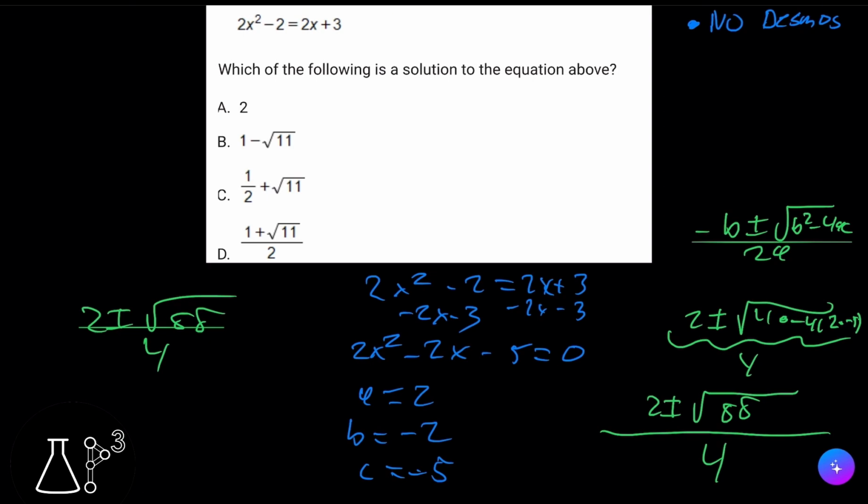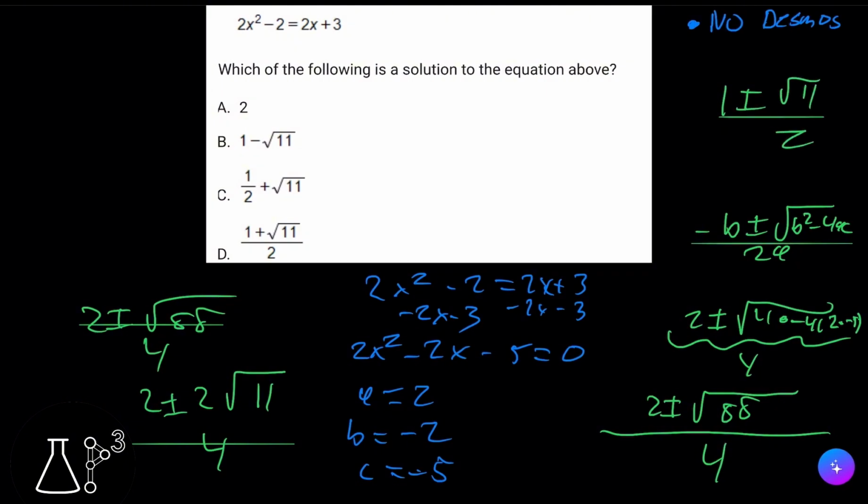So we can use 2. So I can write 2 plus minus 2 square root of 11, which equals 4. And if I divide everything by 2, I am going to get 1 plus minus square root of 11 divided by 2. So if I look at the answers, the only one that can work is T.